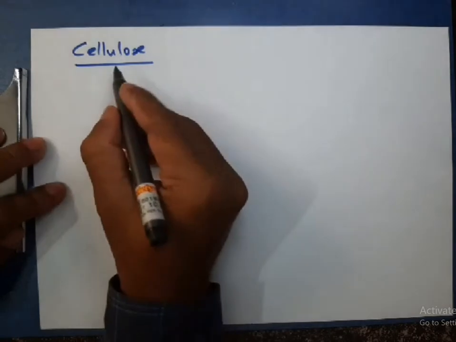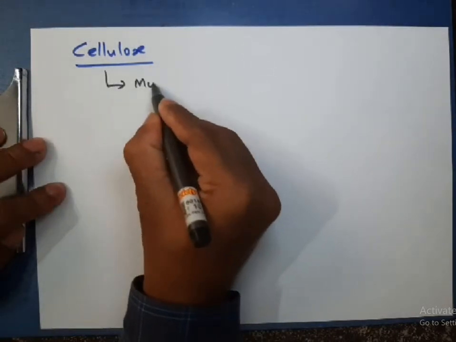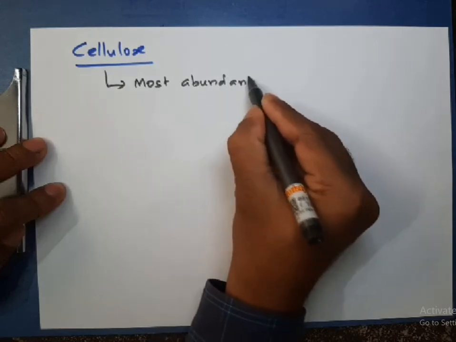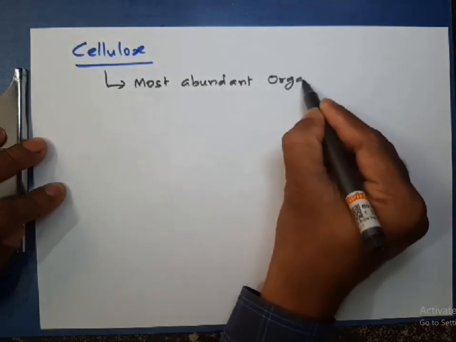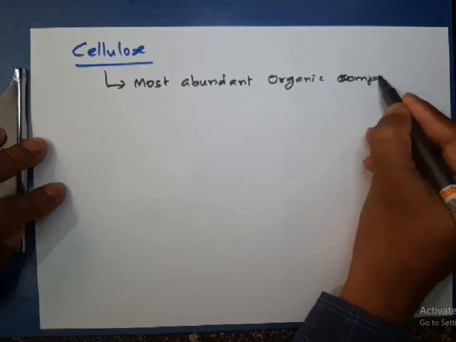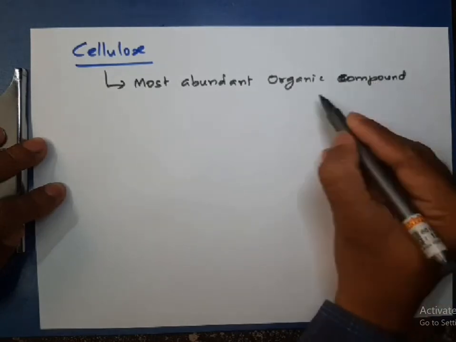And you know very well, cellulose is the most abundant organic compound in the world. Most abundant organic compound on the earth.